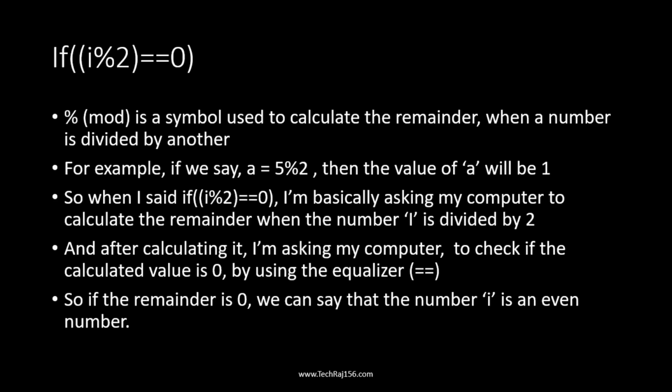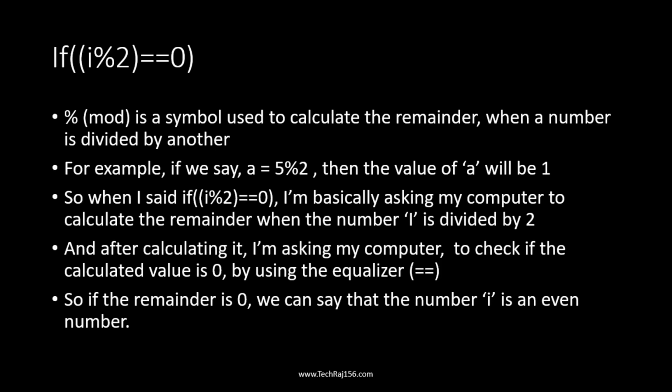So the value of a will be 1 because mod is actually going to return the remainder. So 5 mod 2 is going to return 1 because the remainder is equal to 1. So the value of a will be 1. This is how the mod operation works.